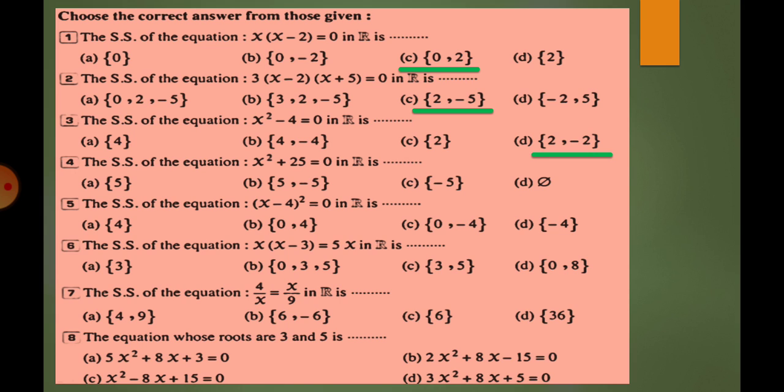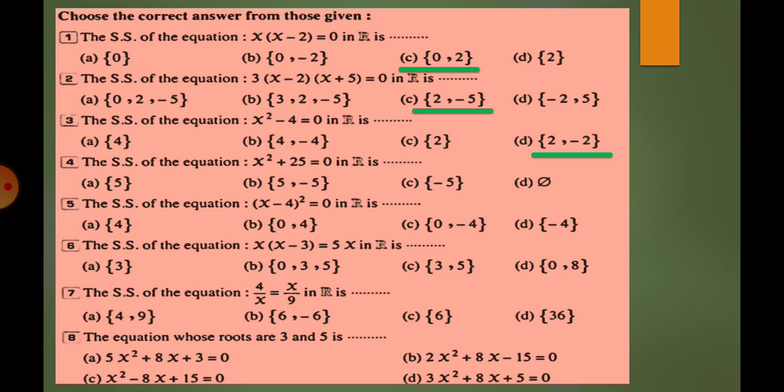The solution set of the equation x power 2 plus 25 equals 0. We can't factorize x power 2 plus 25. Or we can write x power 2 equals negative 25, which is refused. x power 2 only equals a positive number; x power 2 can't equal a negative.